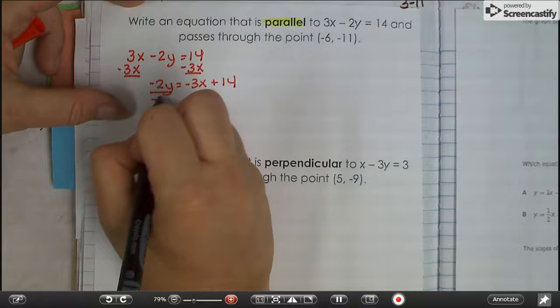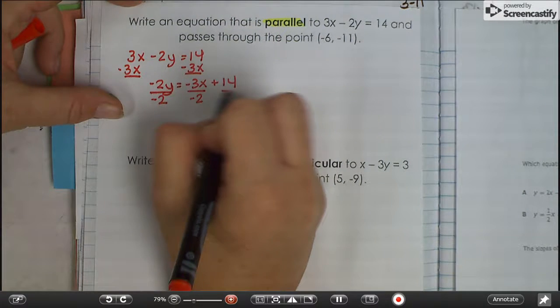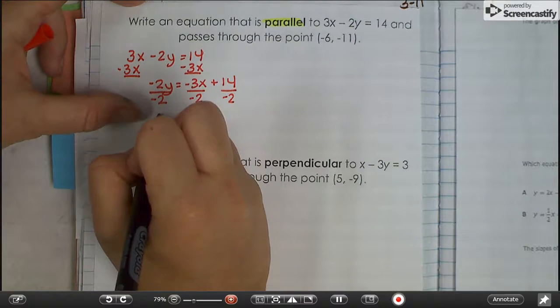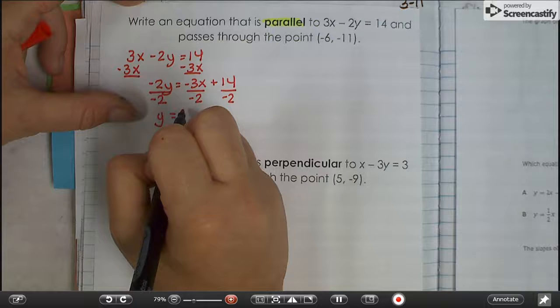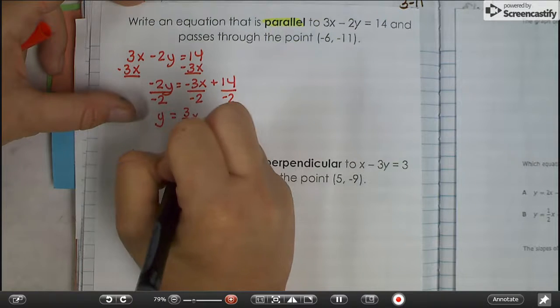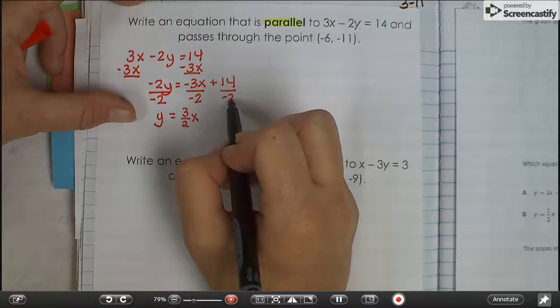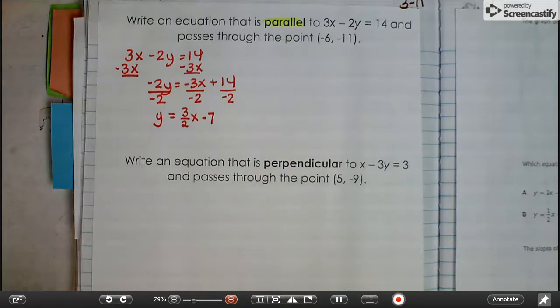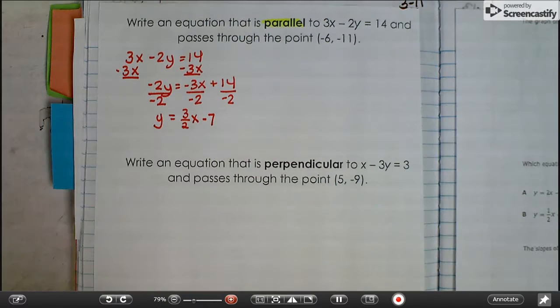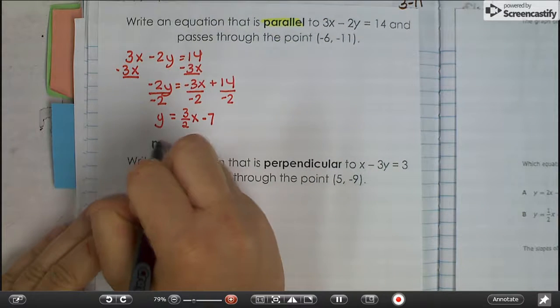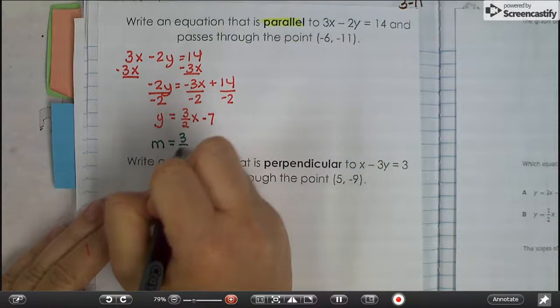And again, if I'm going too fast for you, that is okay. You just need to make sure that you're pausing the video as you go. This becomes positive because they were both negative. And 14 divided by negative 2 is negative 7. All right, so now we have the equation in y equals form, slope intercept, and our slope is 3/2.